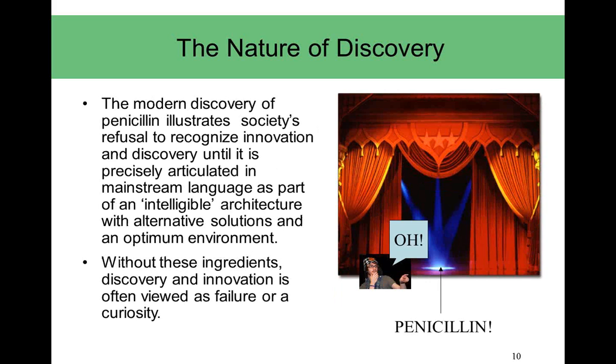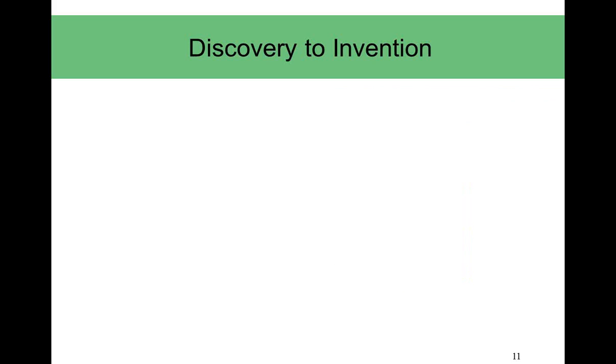The 1929 discovery of penicillin illustrates that society refuses to recognize innovation and discovery until it's precisely articulated in mainstream language, part of an intelligible architecture with alternative solutions. And alternative solutions is very key in an optimum environment. Without those ingredients, discovery and innovation is often viewed as either failure or curiosity, and we'll see that as we go through the presentation.